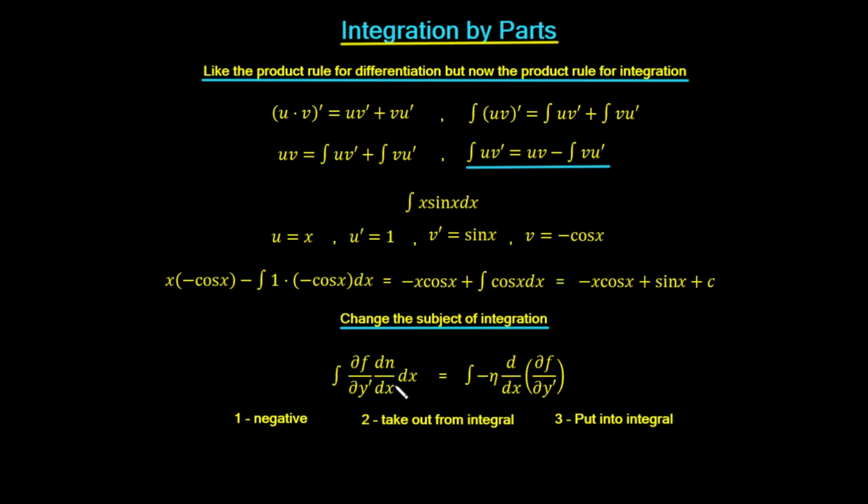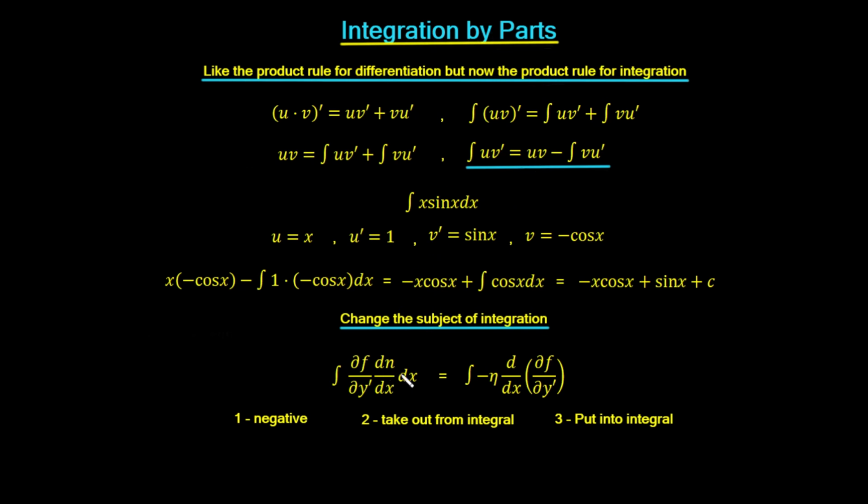Now what we can do is use integration by parts to rearrange this. Now let's say we don't want this factor of eta to be inside the differential. That is, we don't want to differentiate this here. We want this to be outside. So in order to do that, we use integration by parts.